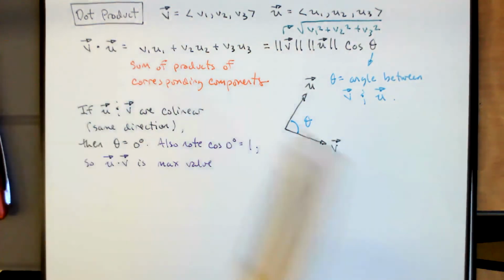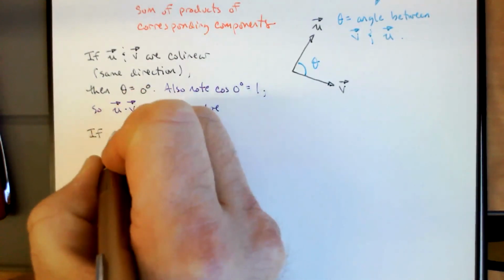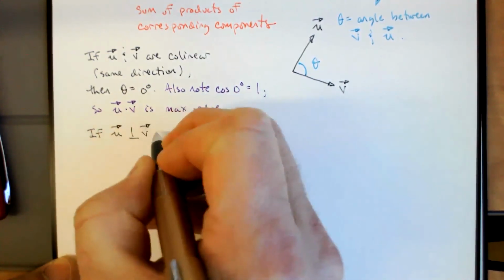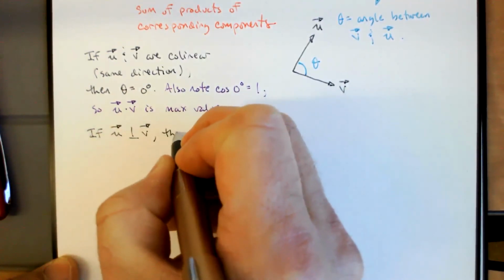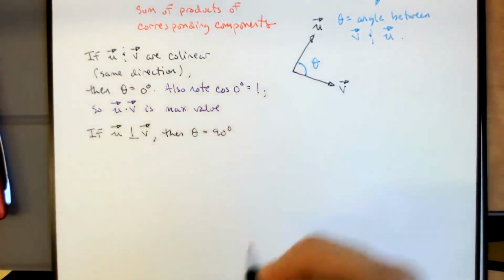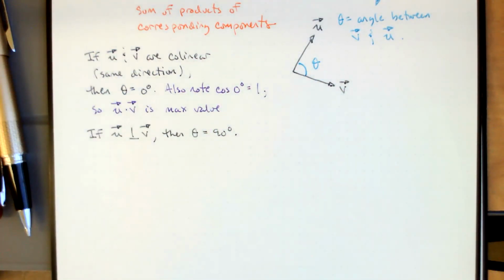So if u and v are perpendicular, then the angle between u and v is 90 degrees, and so cosine of theta is equal to 0.